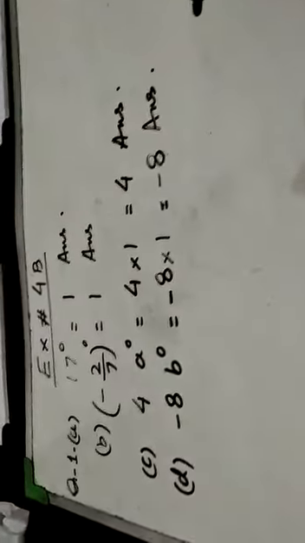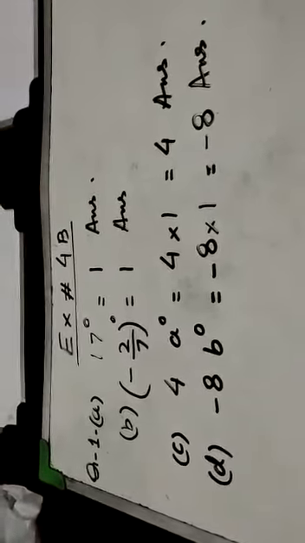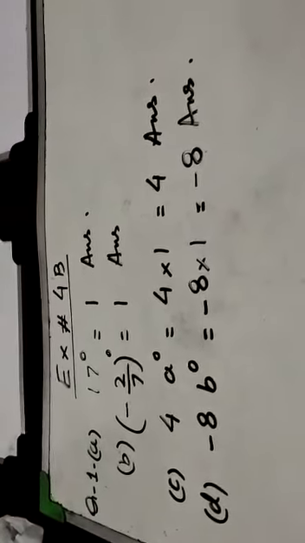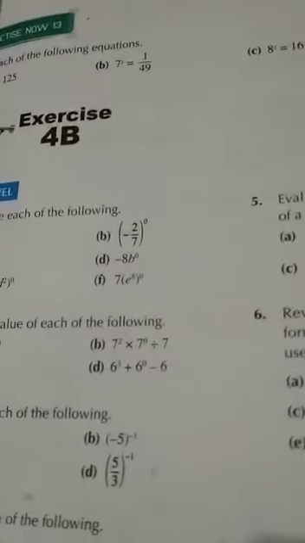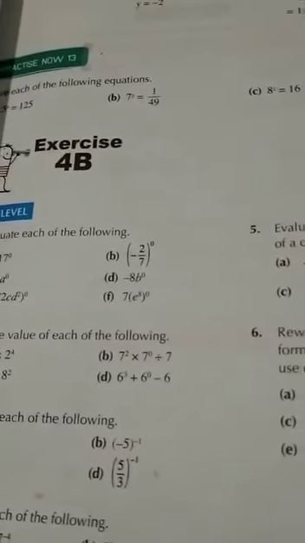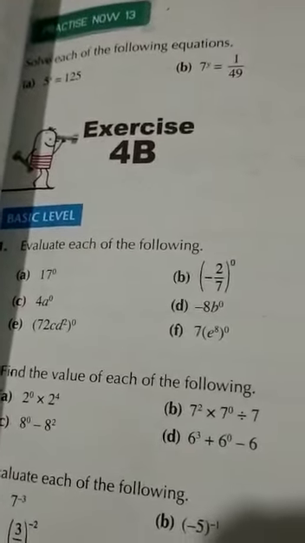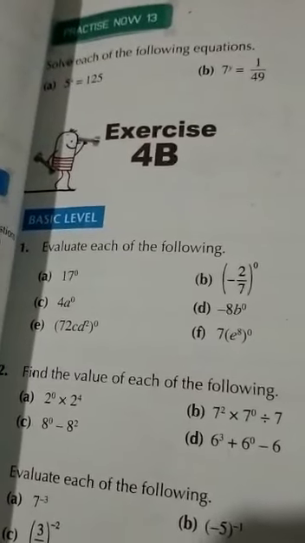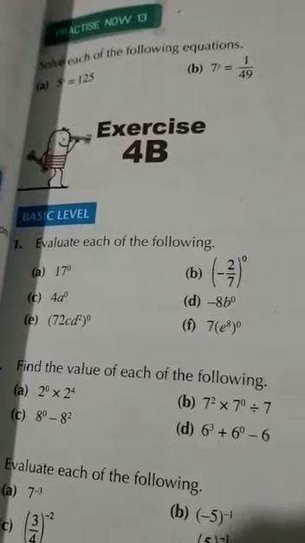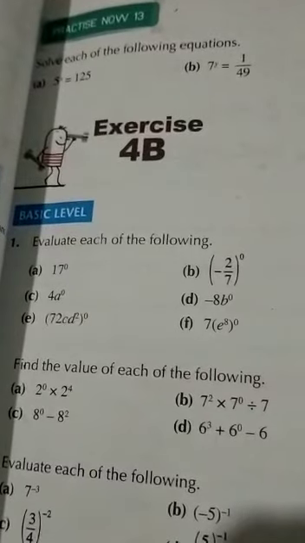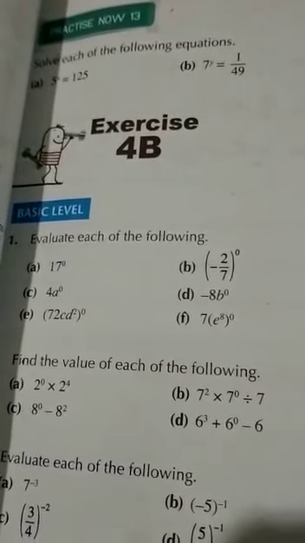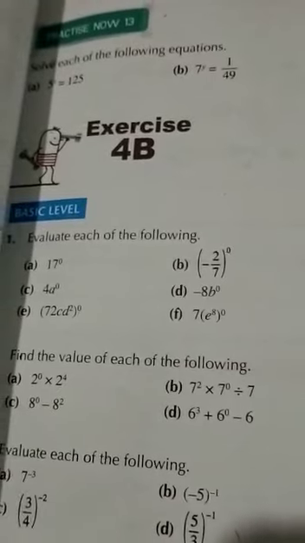Okay, so we have D part. The D part is minus 8 into 1, that will give you minus 8. Okay, now after this is E part. In E part it is given 72 CD square, and there is a 0 outside.